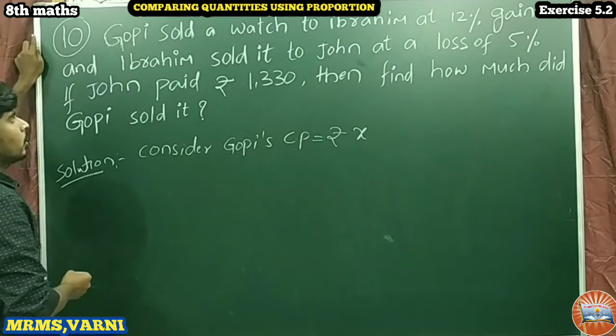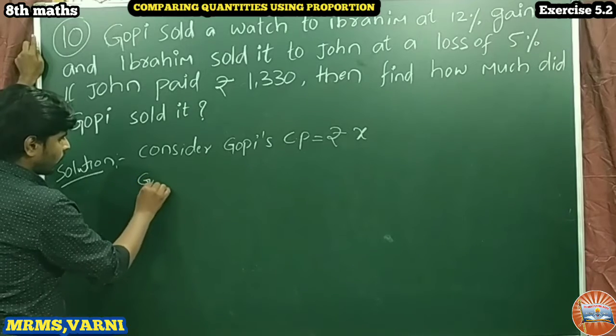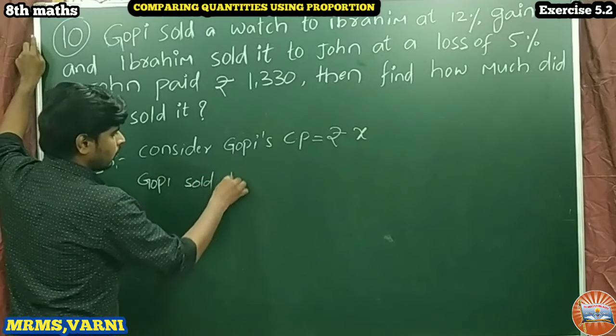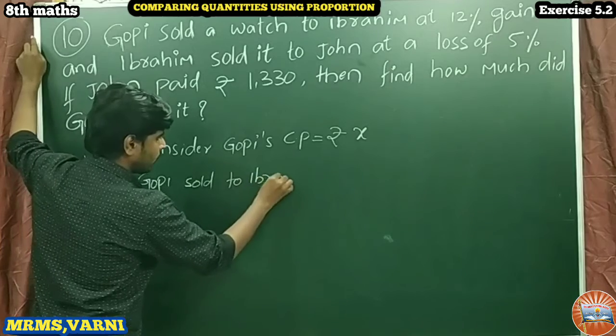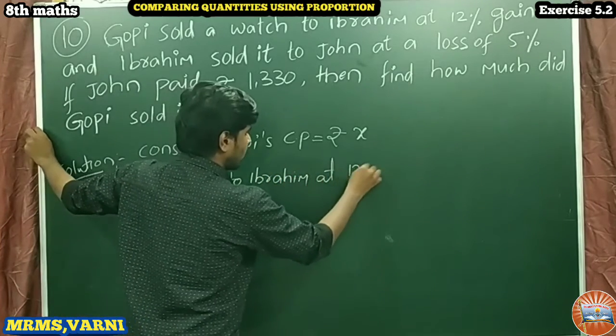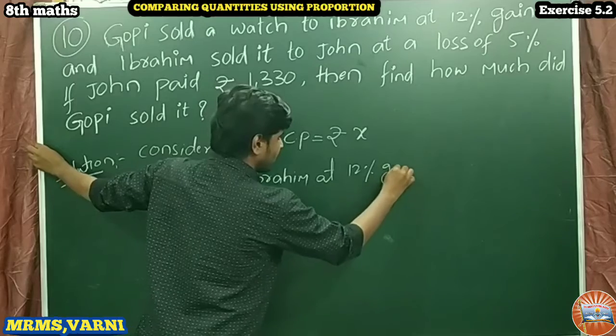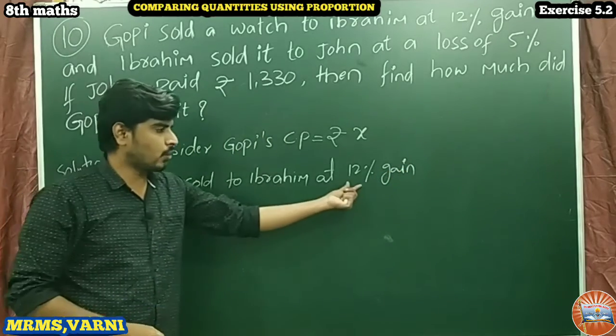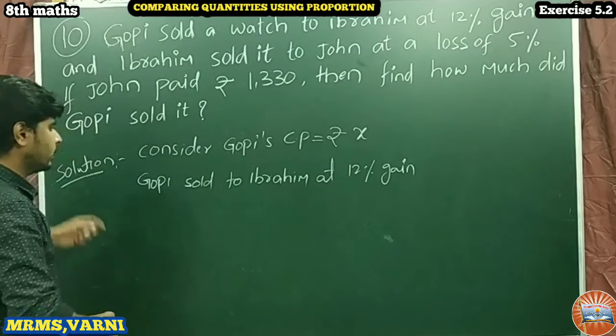So Gopi sold to Ibrahim at 12% gain. Okay, how much gain? That is 12%.